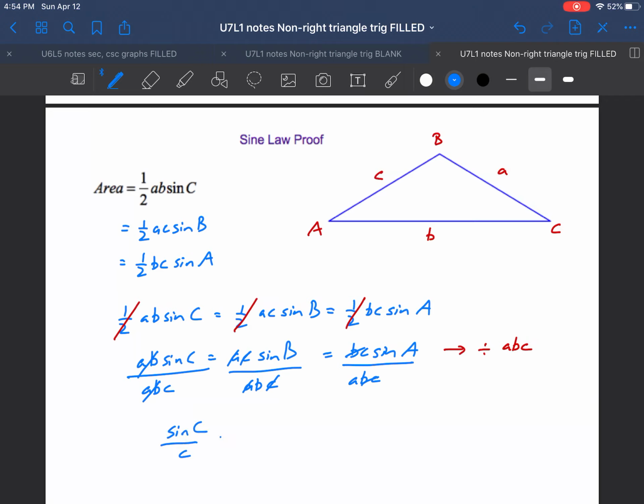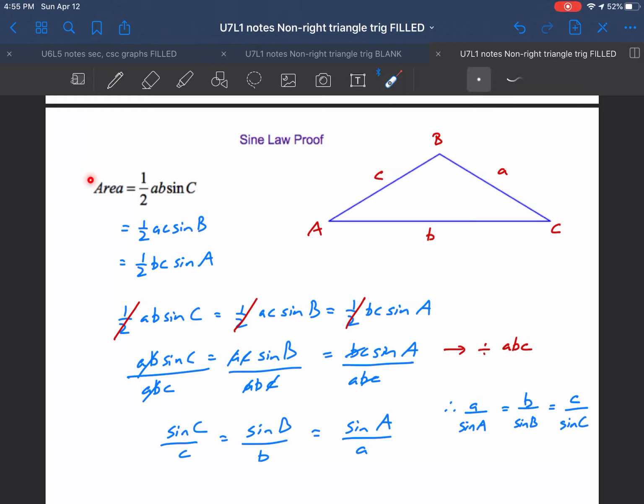We got that sine C over C is equal to sine B over B, which is equal to sine A over A. And if that's true, then we can write it the other way. We can flip it and put the sides in the numerator. So A over sine A is equal to B over sine B, which is equal to C over sine C. Done.